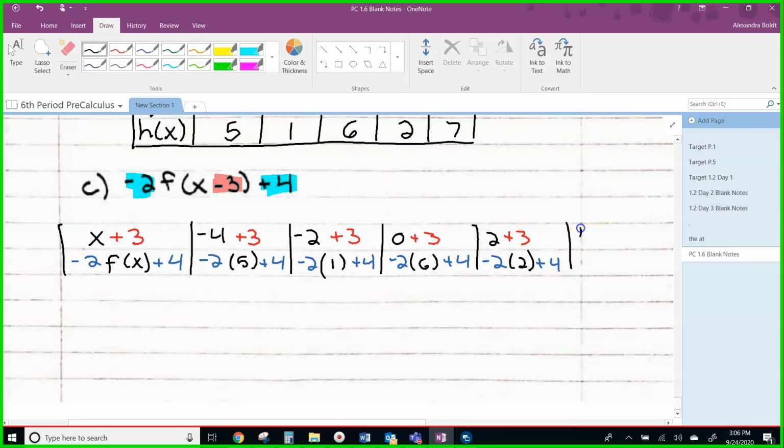And finally, I have 4 plus 3. And I have negative 2. And my y value was 7. Plus 4.